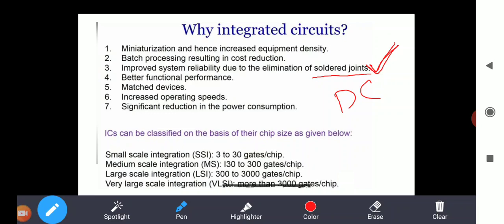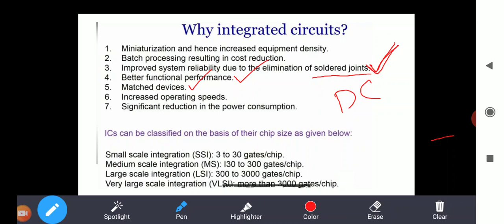And the fourth point is better functional performance. Better functional performance means that because of the very small size and speed, these ICs improve, and their functions also improve. And the fifth point, matched devices.